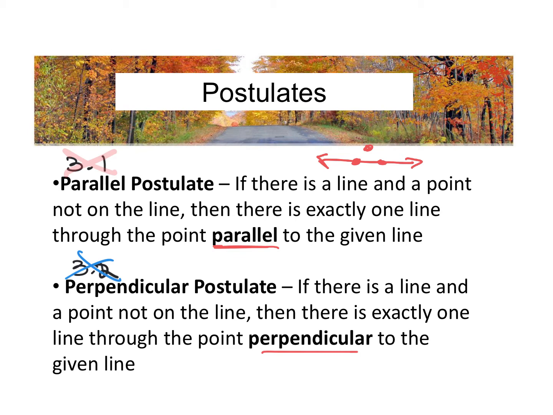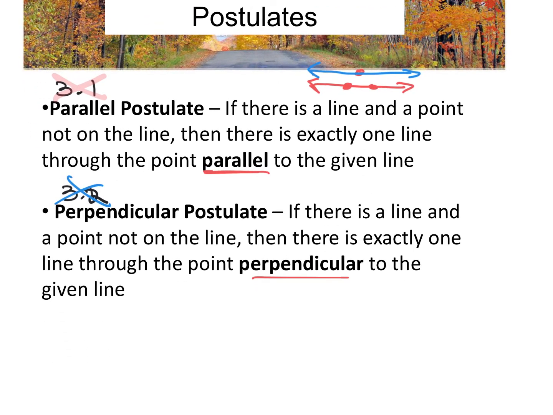So for example, if I draw the line that's parallel, it's just going to go right through here. I can't draw more than one line that would be parallel. I could draw another line, but if I draw it this way, notice it's going to turn into intersecting lines. So there's only one line that you can draw through that point that's not on the line that would be parallel.